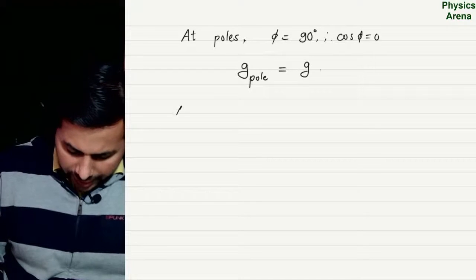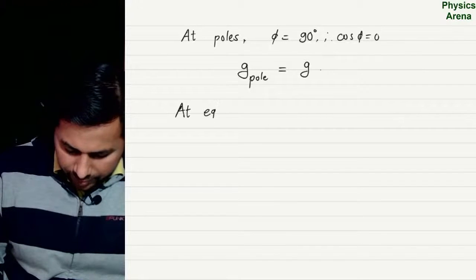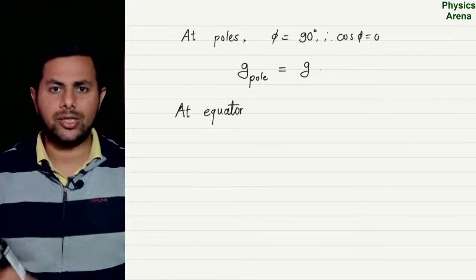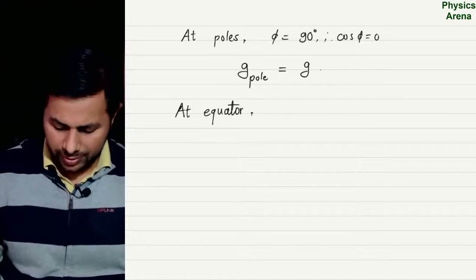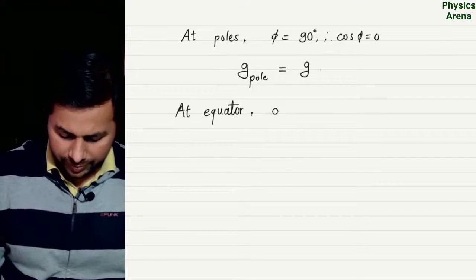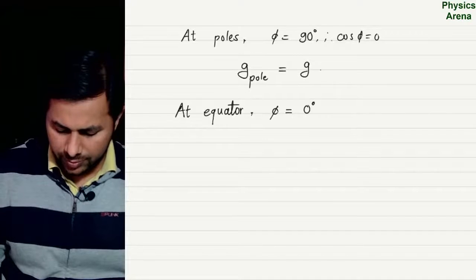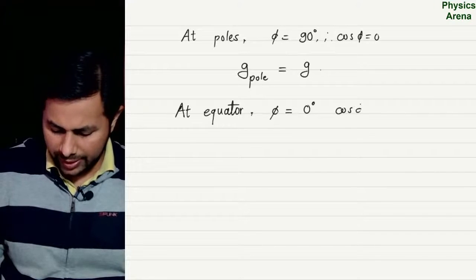And at the equator there is maximum change in acceleration due to gravity, so phi is equal to 0, and therefore cosine of phi is equal to 1.